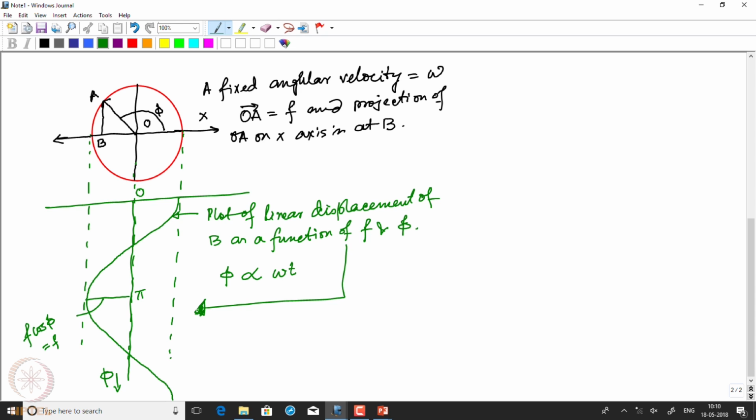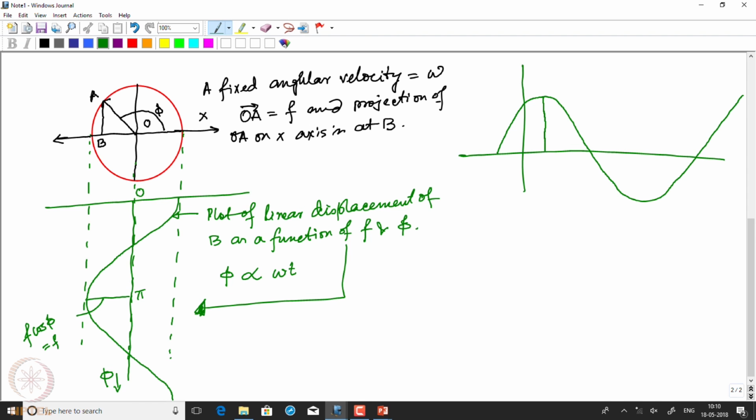Now suppose there is a phase difference, and we draw the same curve with a phase difference of delta with respect to the origin.